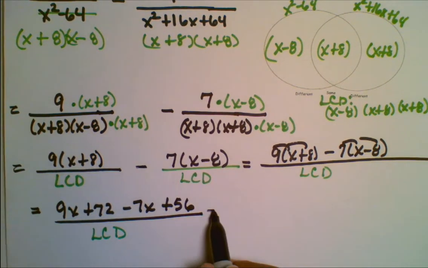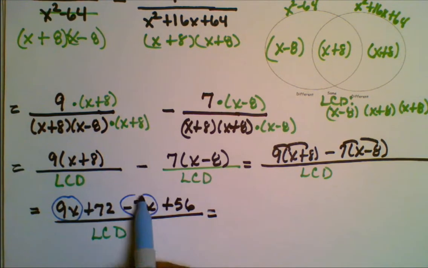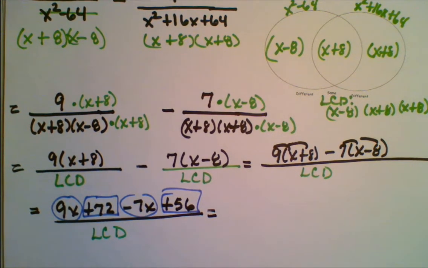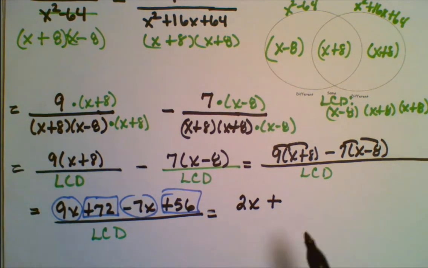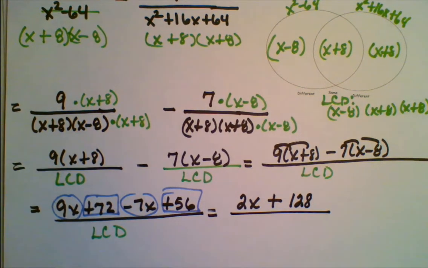Then let's combine like terms in the numerator. Our 9x minus 7x, and then our 72, we're adding that to 56. So we have here 2x plus, and what is 72 plus 56? We have 128 all over the LCD.